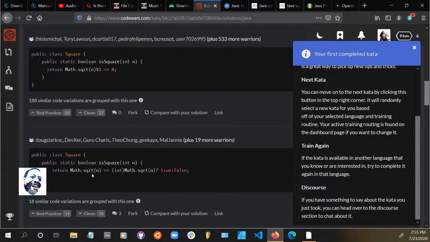This is saying math dot square root of the number. So he takes the square root of the number, and then he says this should be equal, return true or false, whether or not this is equal to math dot square root of n.